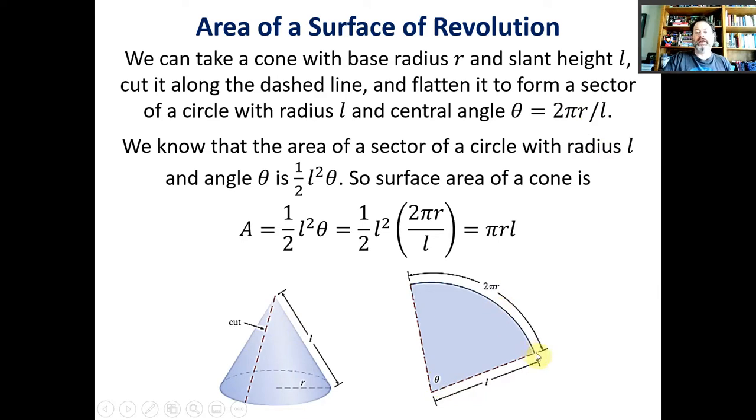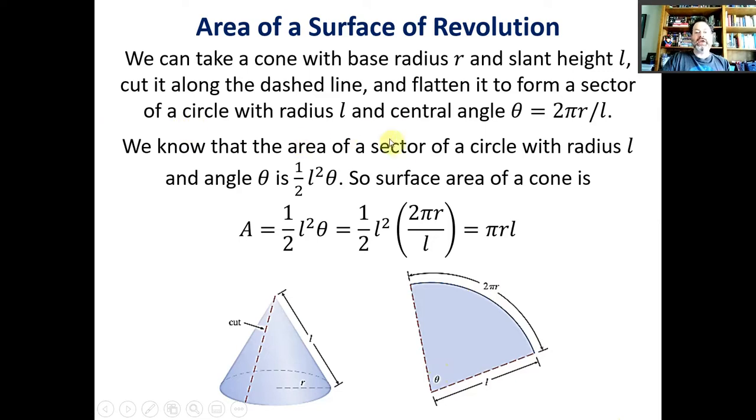This whole outside part is 2 pi r, and then you divide it by L. Remember, this is fixed based on r. If r is a constant, this is fixed. So if L is smaller, when you press the cone open, it'll go farther around. If L is bigger, it doesn't open up as much. So we're defining theta to be just the ratio of 2 pi r divided by L, in radians.